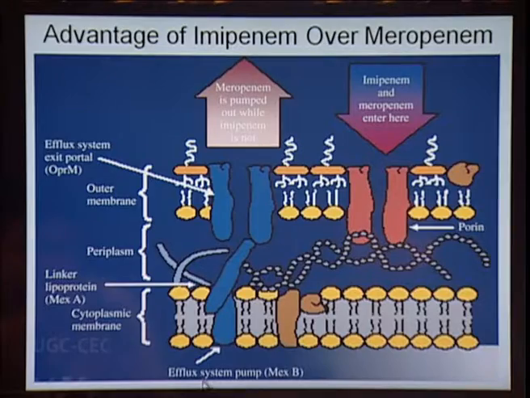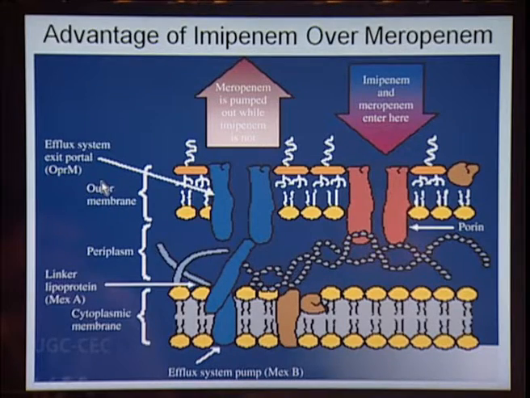Meropenem will be eliminated by some mechanism, which is the efflux system of MexB or MexA, which takes it out into the outer membrane, and finally the OprM will be pulling it out of the cell wall. So, before the molecule is active, the molecule is thrown out of the bacterial cell. Look how smart the bacterial system is in order to cater resistance to costly antibiotics like meropenem.